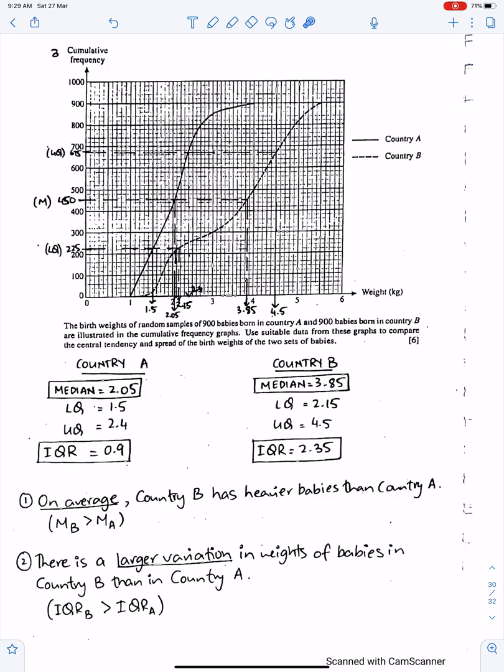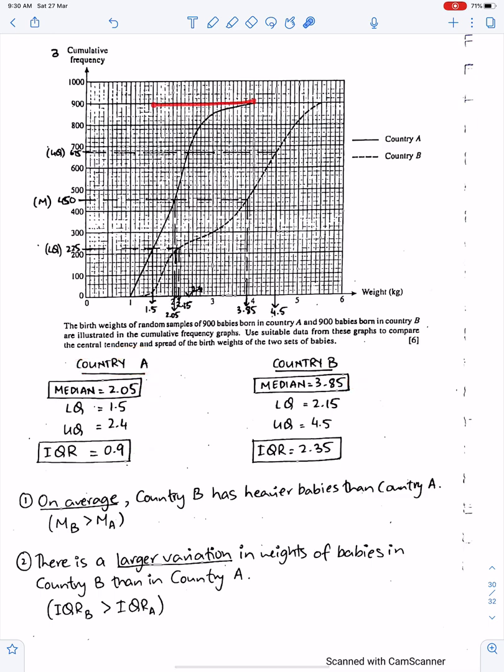Now from cumulative frequency we can easily get the median. We cannot get mean and mode from cumulative frequency. So we will use median for central tendency. And from the cumulative frequency graph we can easily get the interquartile range. So we will use interquartile range for spread. So median for country A is this and median for country B is this. And lower quartile.